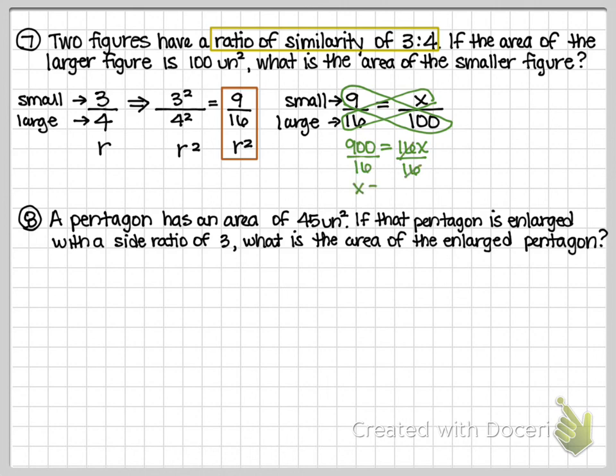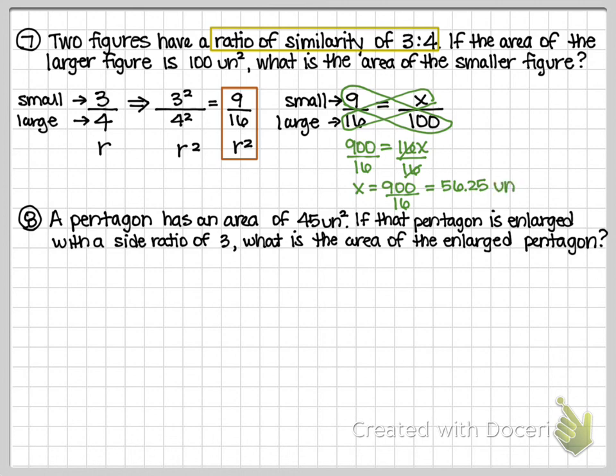We're going to get x is equal to 900/16, but let's go ahead and type this in and see what we get. Now, we know that this needs to be smaller than 100 because it said that the area of the larger one was 100. So this is going to give us 56.25, which is definitely smaller, and this was units squared.